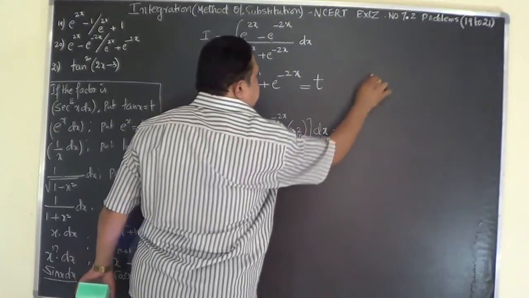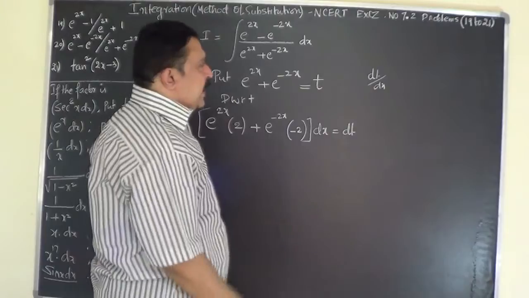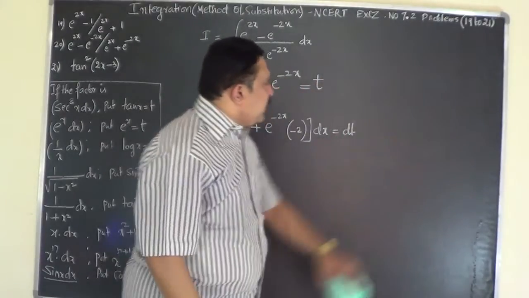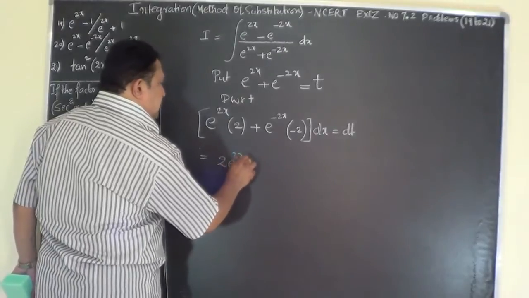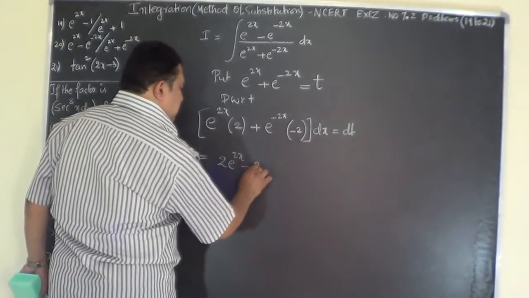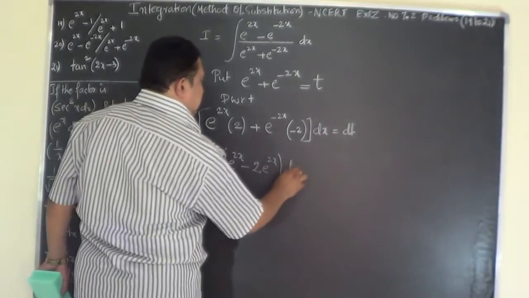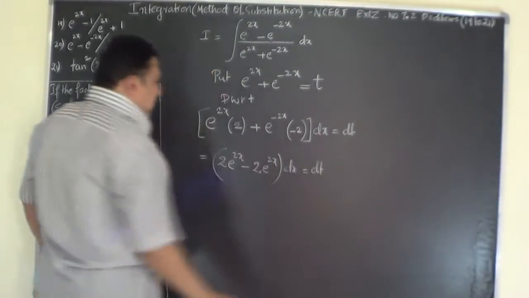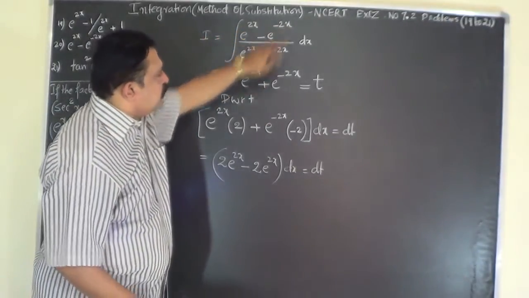Because if you differentiate t with respect to x, you get dt by dx. That dx term I have taken to the left hand side. So you write it as 2 e to the power of 2x, plus into minus is minus, 2 e to the power of minus 2x, into dx equals dt. The numerator is just e to the power of 2x minus e to the power of minus 2x.